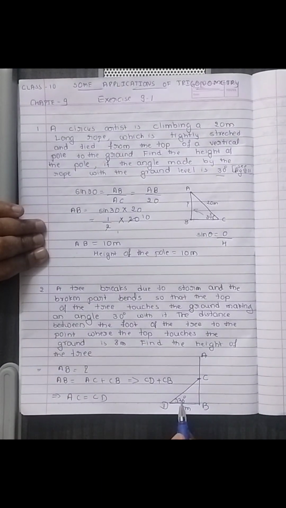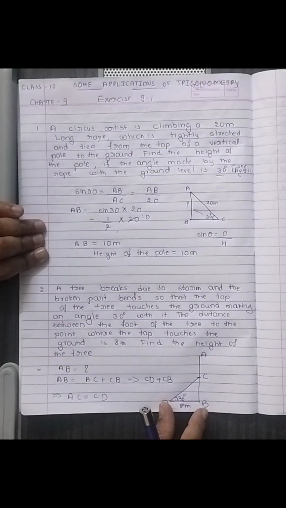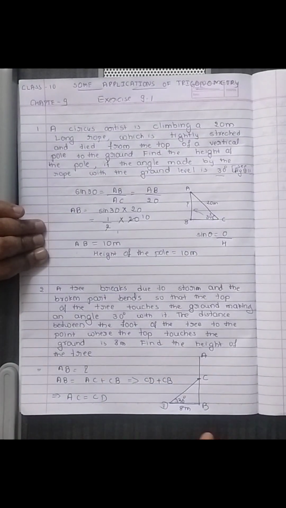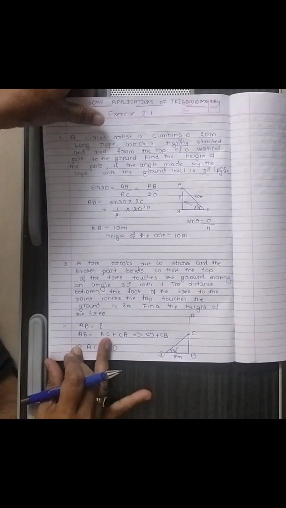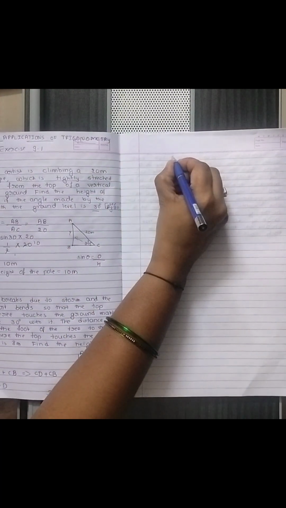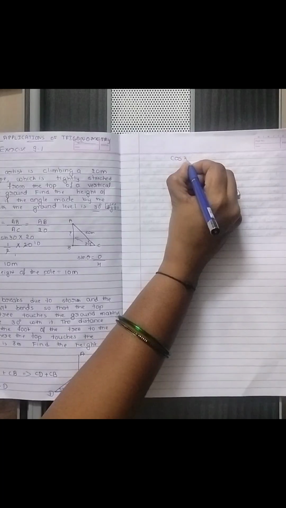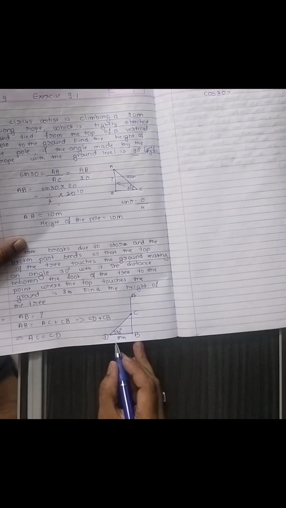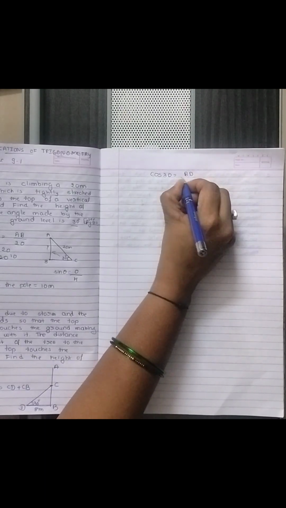We have two parameters, one angle and the distance between B and D, where it touches the ground, that is 8 meters. To find CD, which trigonometric ratio do we use? We have the adjacent side and we need the hypotenuse, so we use cos theta. Cos 30 is adjacent by hypotenuse, that is BD by CD.